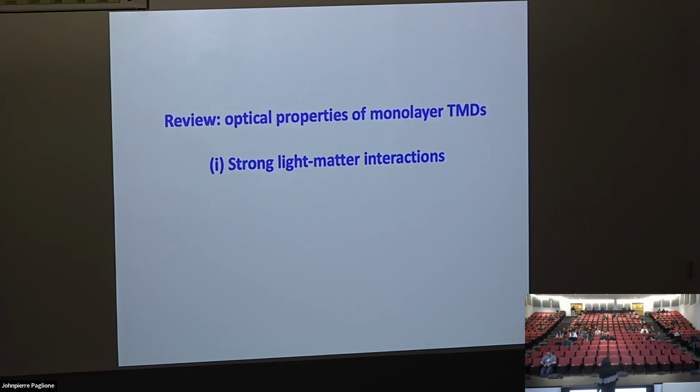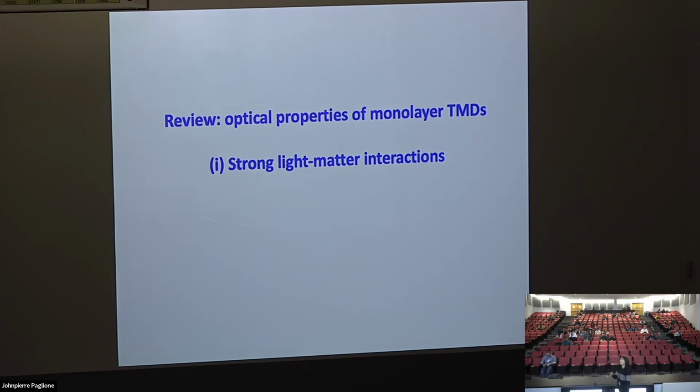So first, I would like to review a little bit of optical properties of this monolayer transition metal dichalcogenides. You probably already heard a little bit yesterday from Professor Yu Zhu. I'm just going to summarize a few key points which are relevant to the study of moire materials.